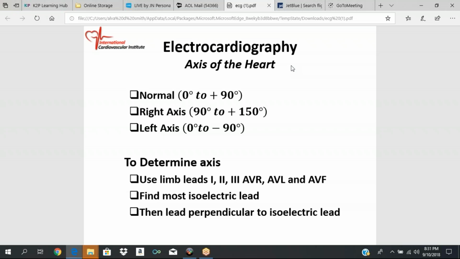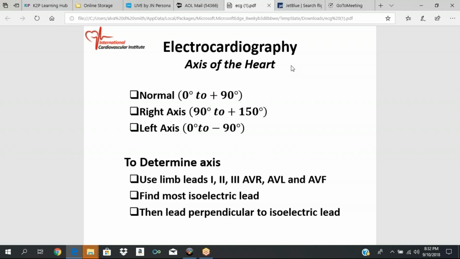You're going to look at all the limb leads and find the most isoelectric of them. When we say isoelectric, we mean the positivity is almost equal to the negativity. When you say something is iso, that means the same. So the upward deflection is almost the same as the downward deflection.